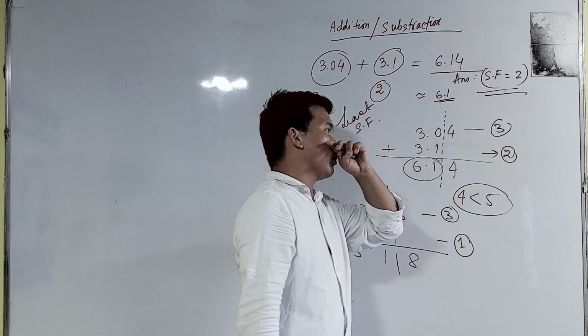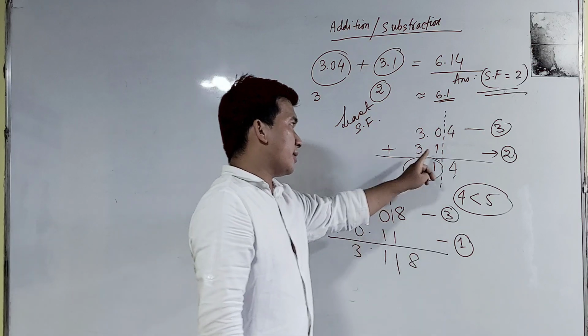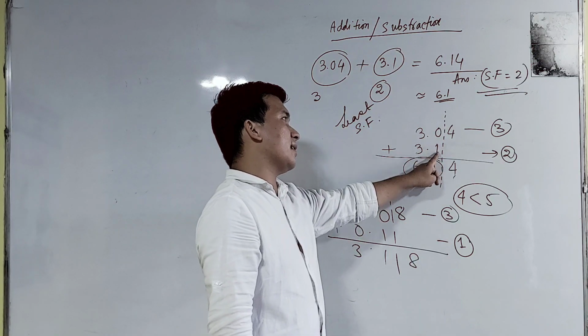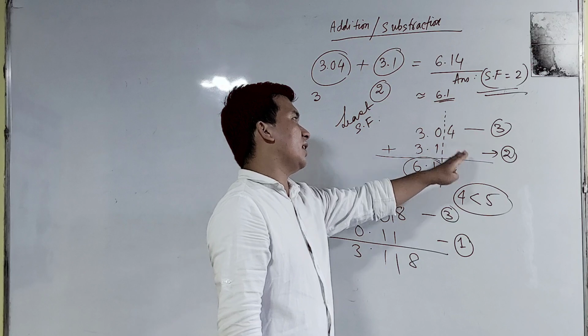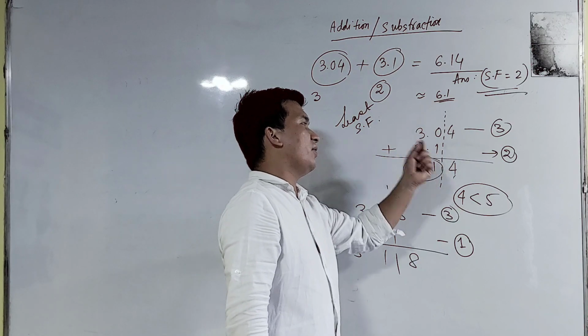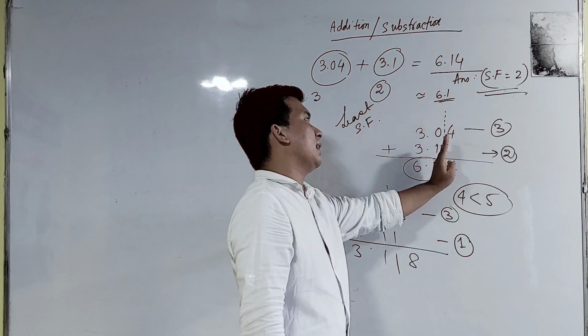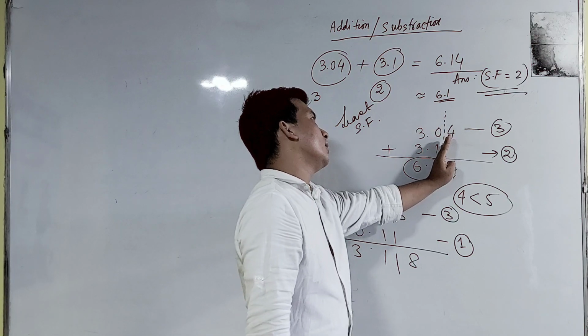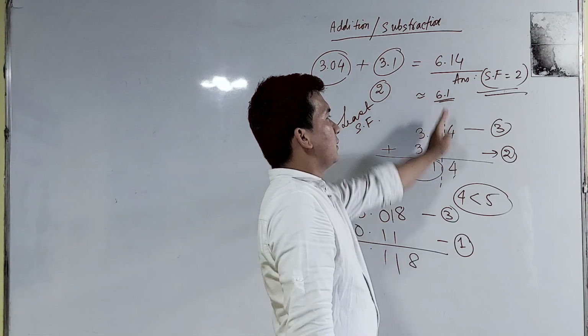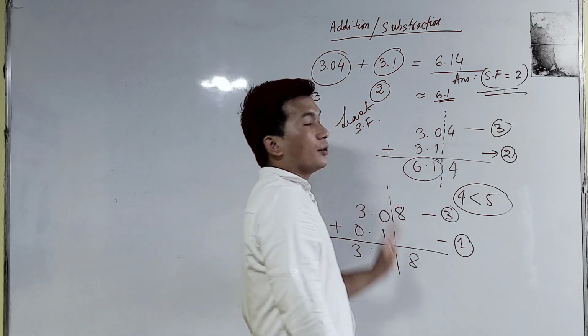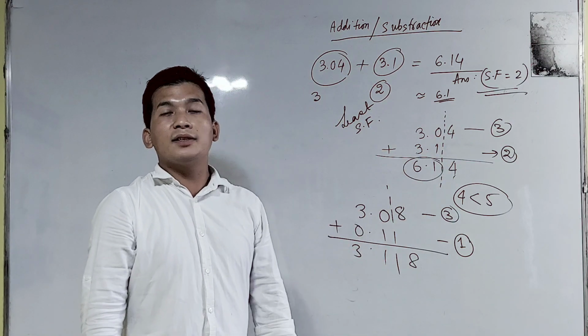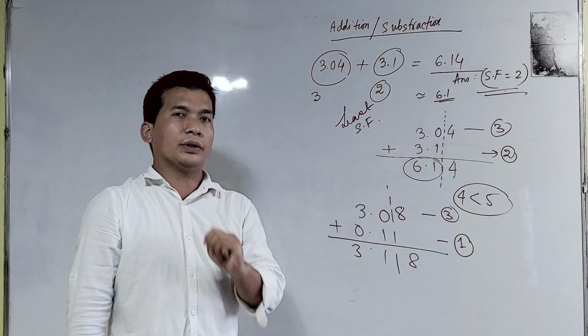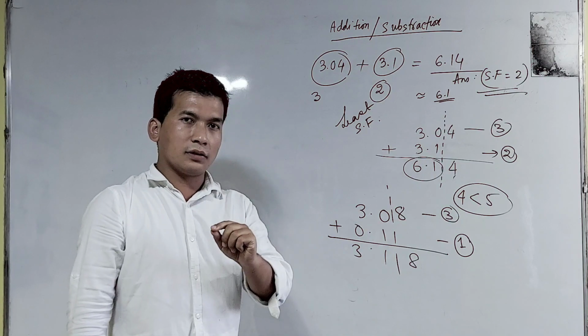This is the last digit of the number with the least significant figure. Everything in the answer on the left of the imaginary line we are going to consider as our answer. Understood?